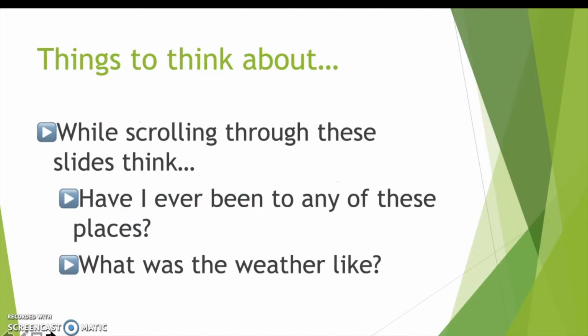So things to think about as we're going through this slide is, have you ever been to any of these places, and what were your experiences like while you were there? If you have been there, maybe to visit family or on a vacation, that'll really help you towards the end of this presentation.